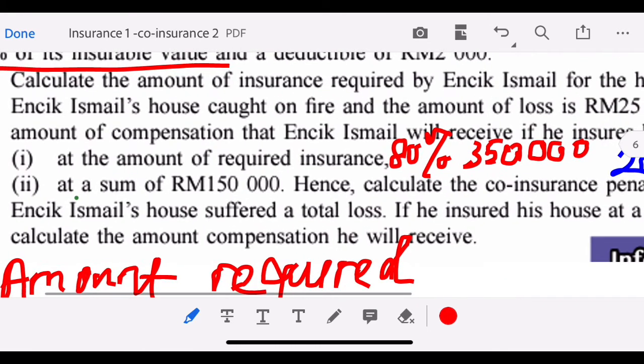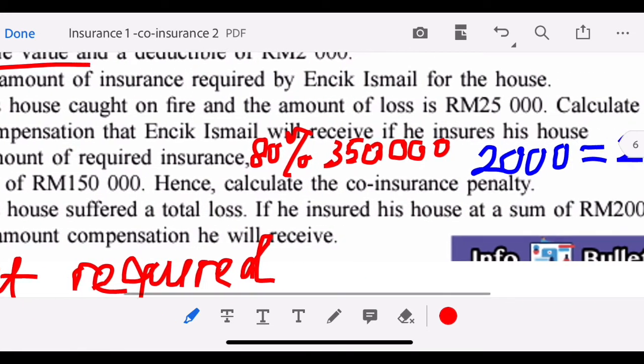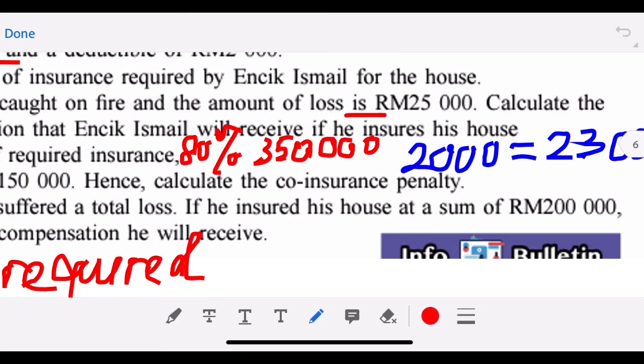So Inje Ismail's house caught fire, and the loss is 25,000.